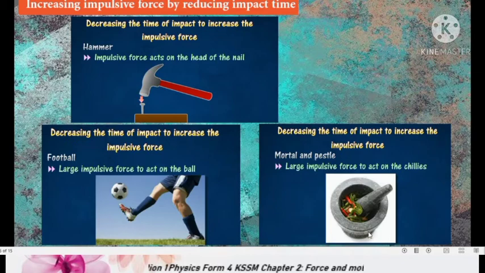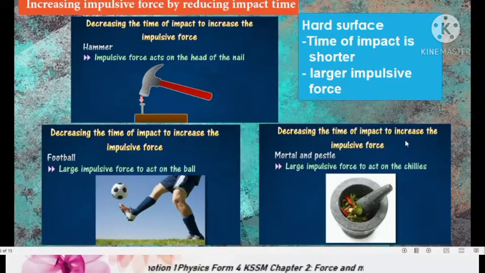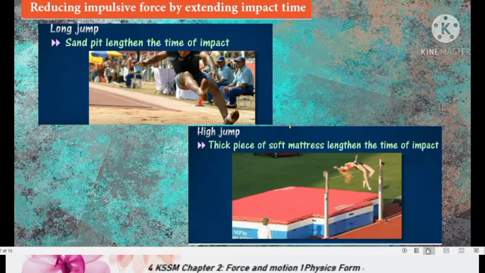Look at this one, pestle and mortar. It is made of very hard material, so a shorter time of impact is produced, thus a larger impulsive force acts to crush the chilies. So hard surface, shorter time of impact, larger impulsive force.